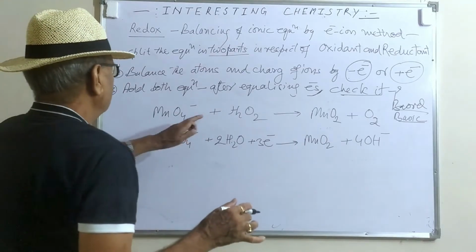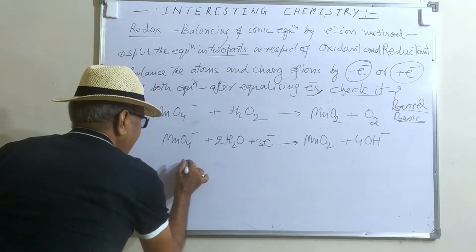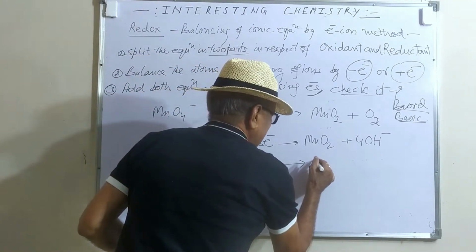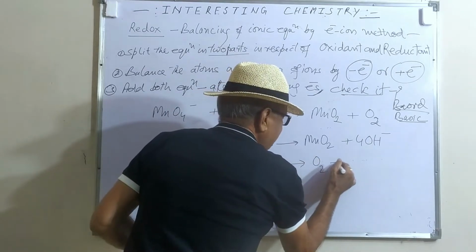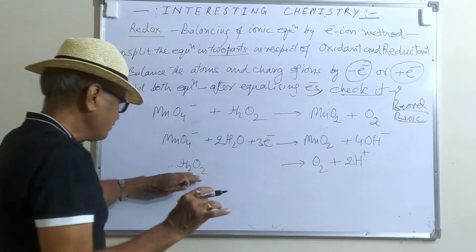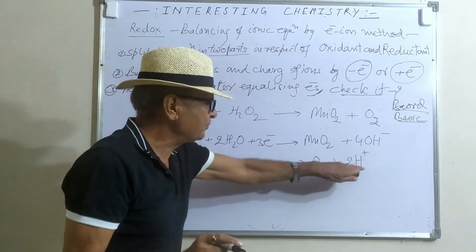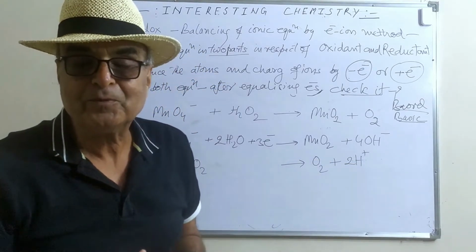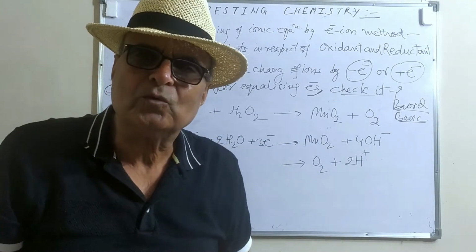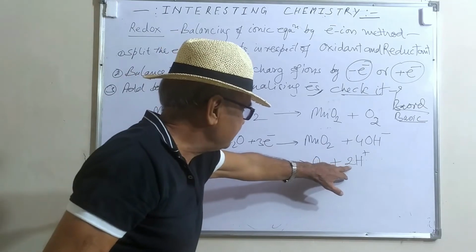Again, come to this place, H2O2. This is again O2. I have told you in my previous video that the dissociation of H2O2 gives O2 and 2H+. Then change it also into basic. It is the dissociation in the acidic medium, 2H+.